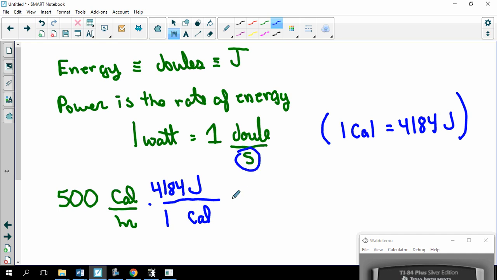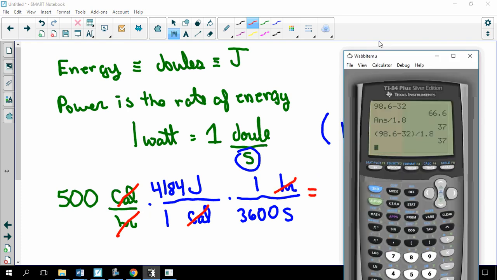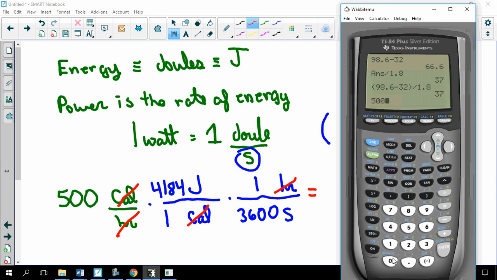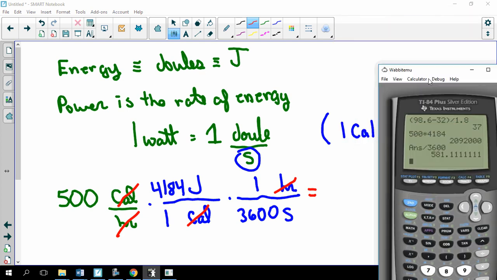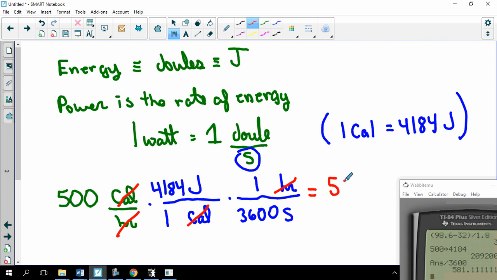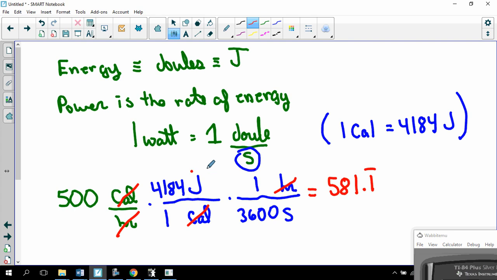But it's defined in seconds, and I want seconds on the bottom. I want to get rid of hours on the bottom, so you put hours on the top. In 1 hour, there's 3,600 seconds. Now the cals cancel, the hours cancel, and I get 500 times 4184 divided by 3600, 581.1, repeating, joules per second.